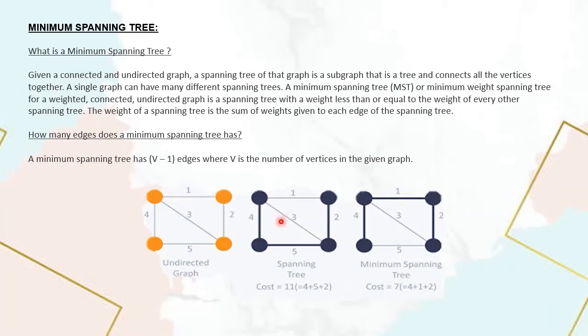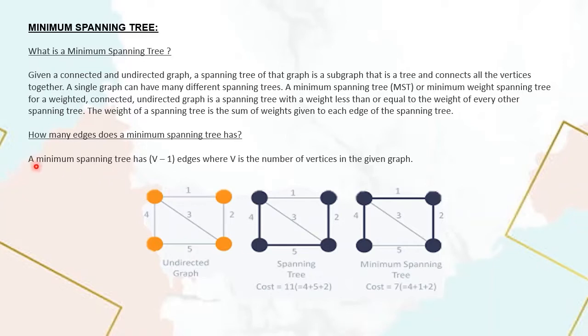As you see in these diagrams here, the spanning tree in the middle diagram has a cost of 11, when we follow the path of weights 4, 5, and 2. Whereas once we follow the path of minimum weight in the third diagram, 4, 1, and 2, the cost comes up to 7. So the spanning tree with the minimum weight is called the minimum spanning tree.